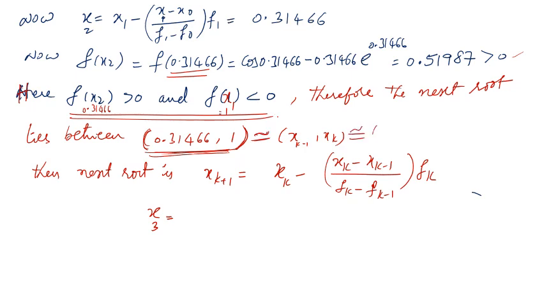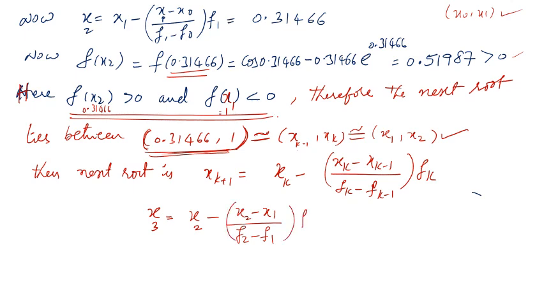Already x0 x1 is over in the first stage, so you treat this interval as the new one, x1 x2. Therefore the x3 formula is x2 minus (x2 minus x1) by (f2 minus f1), multiplied by f2.